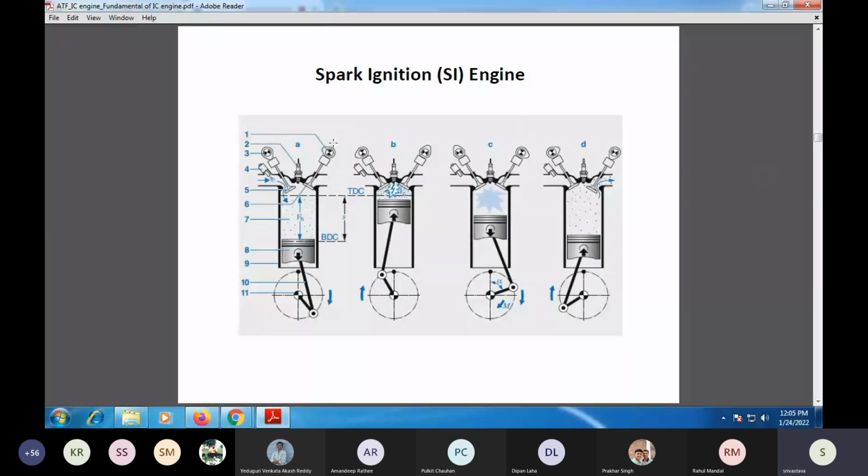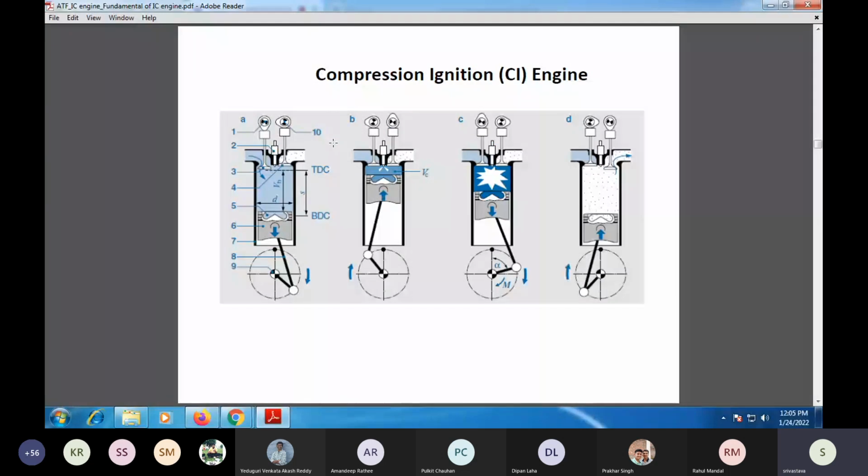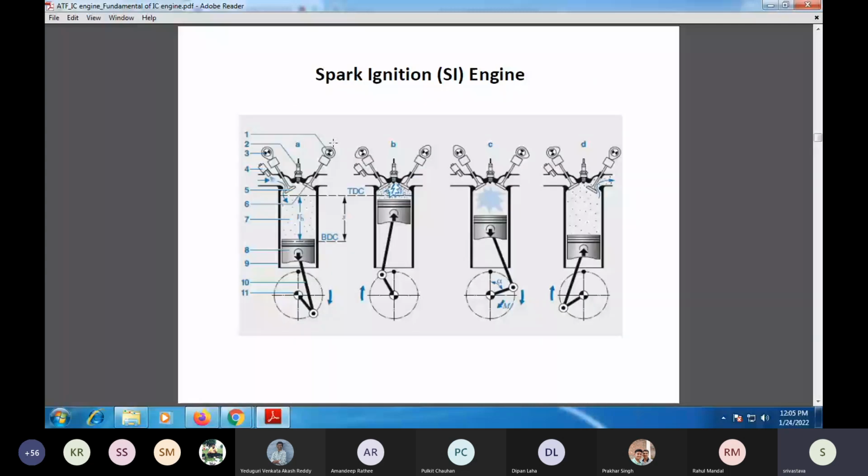This is the four-stroke spark ignition engine, and this one is your four-stroke compression ignition engine. Can you tell me where there is some difference geometrically that you can see? Can you see any geometrical difference between these two pictures? Look at these images carefully.